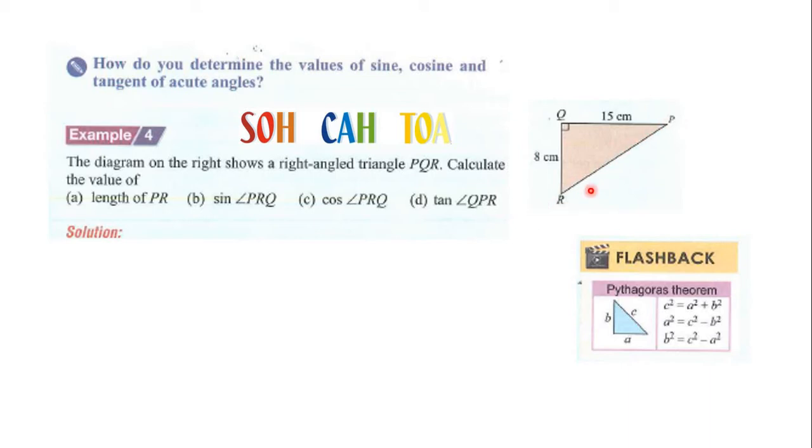Because this one is the longest side of this triangle and is opposite to the right angle, 90 degree. So PR is square root of 15 square plus 8 square. So length of PR is 17 centimeter.